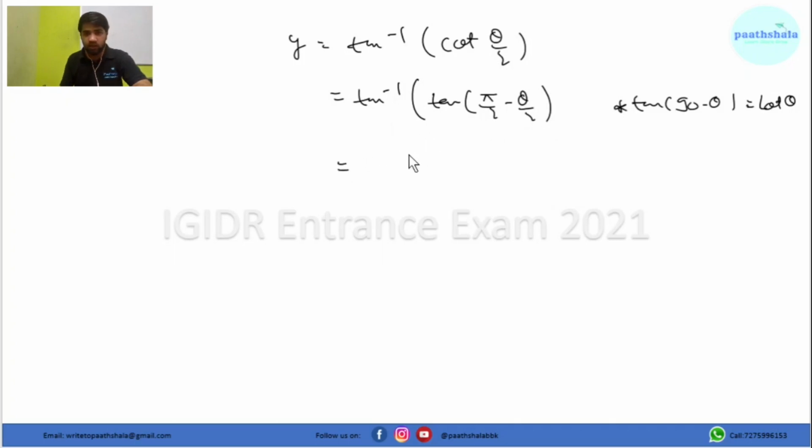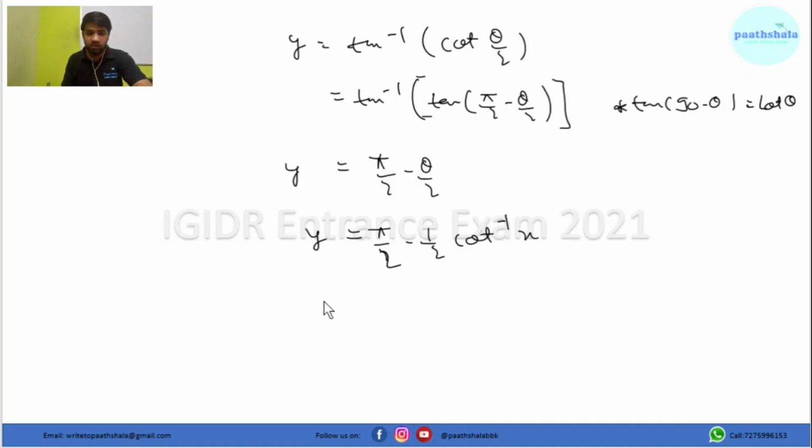So tan and tan get eliminated, and y will come out to be pi by 2 minus theta by 2. Now just put the value of theta, so half, this will be cot inverse x.